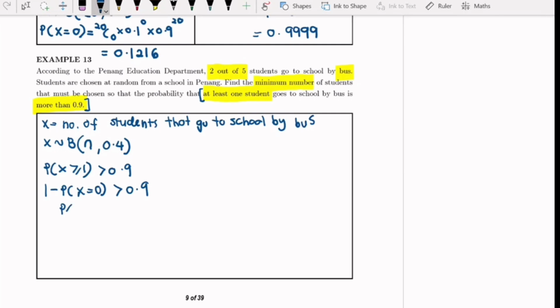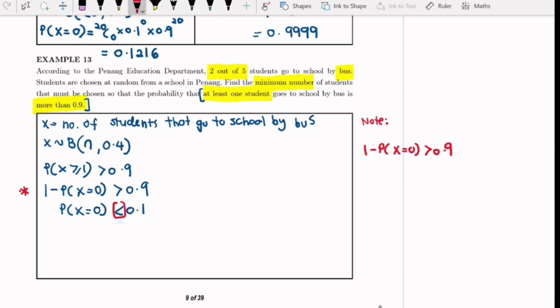Rearrange so that we have P(x equals 0) less than 0.1. Please be careful with this inequality sign. We change it to less than because we have a negative. From this line, 1 minus P(x equals 0) is greater than 0.9.